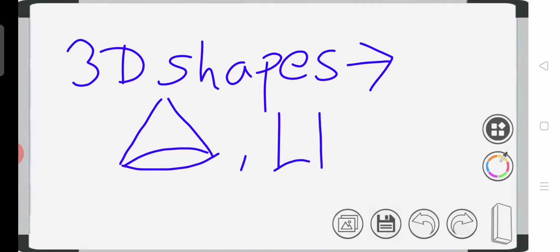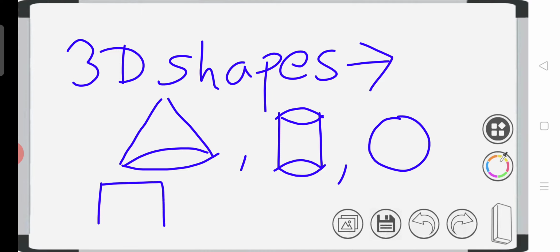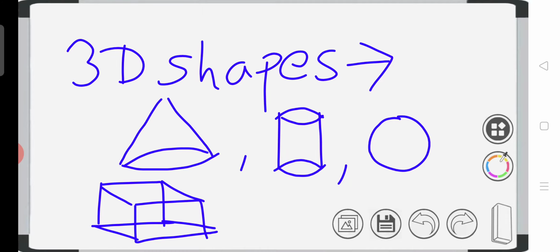Similarly, this cylinder will also come in 3D shapes. This sphere will also come in three-dimensional shapes because all these figures have length, breadth and height. Similarly, cuboid and cube will also come under this category.